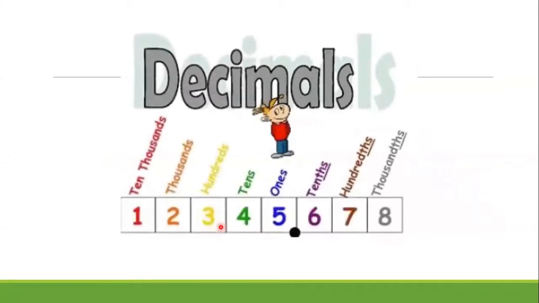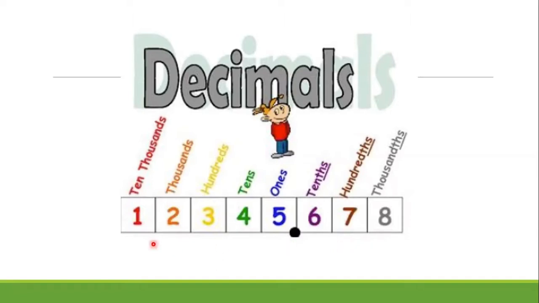Children, let us remember how to read a decimal number. Here, the decimal number is 12,345.678. Listen to me carefully.